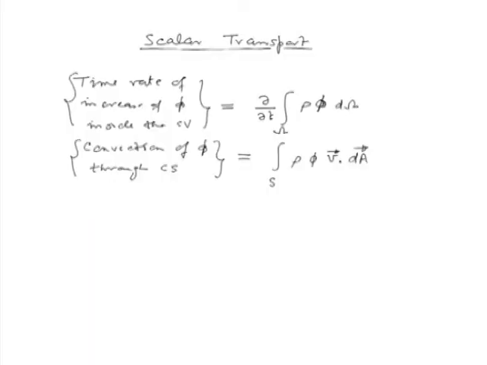The first one is rate of generation of phi inside CV. This can be expressed as a volume integral of q subscript phi d omega.